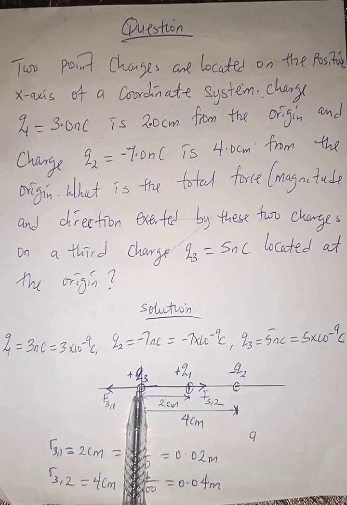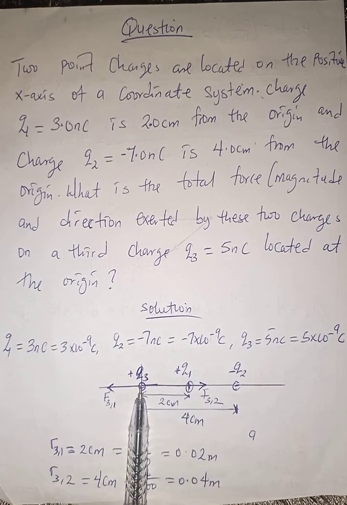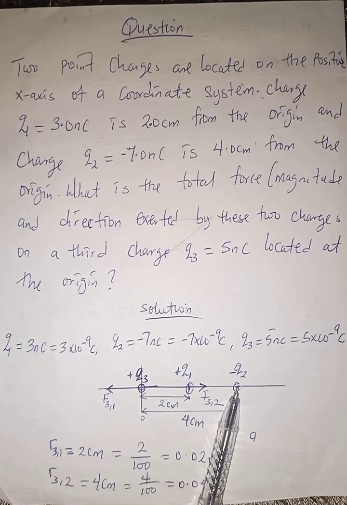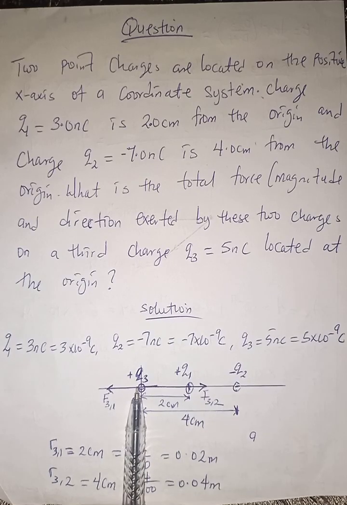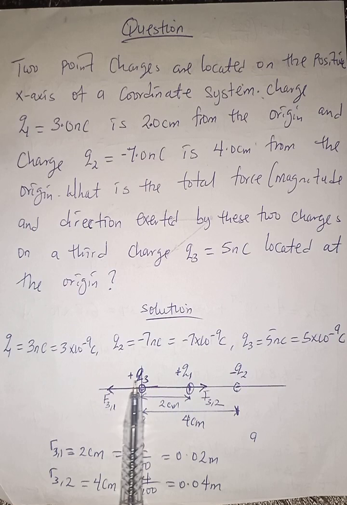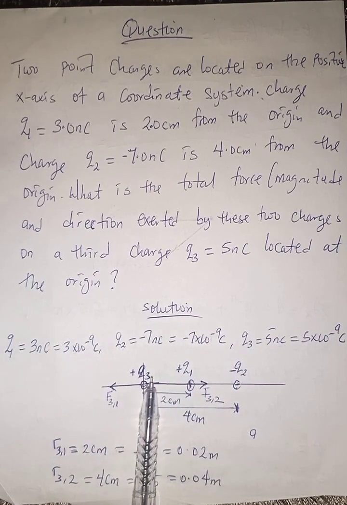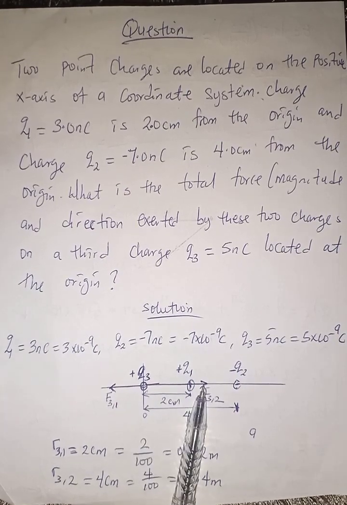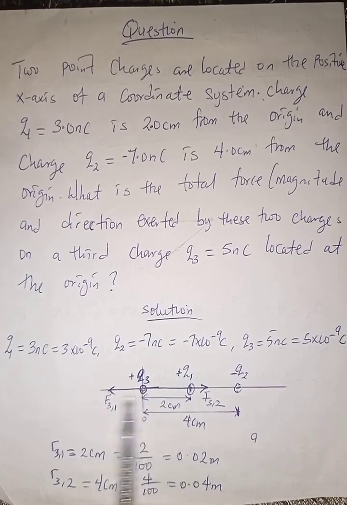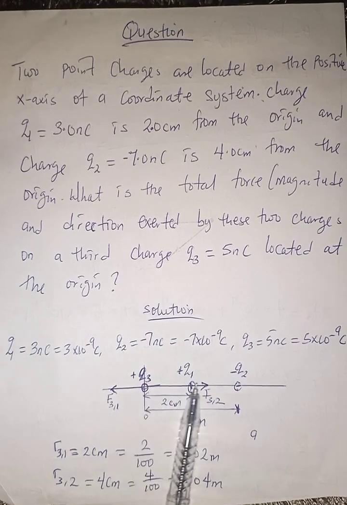Now let's check the force between Q2 and Q3, because we're looking at Q3 as the charge in question. Q2 is a negative charge, so unlike charges attract, and Q2 will be attracting Q3 towards itself.